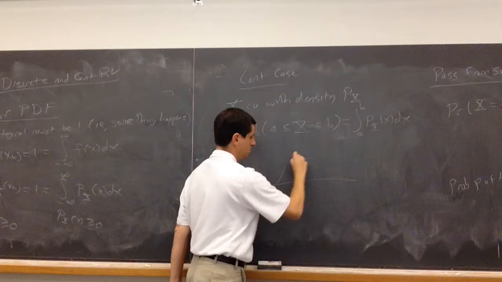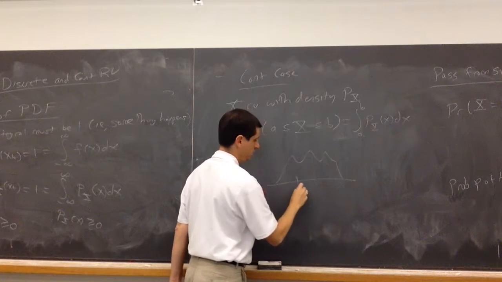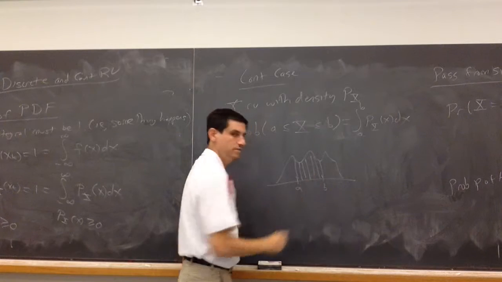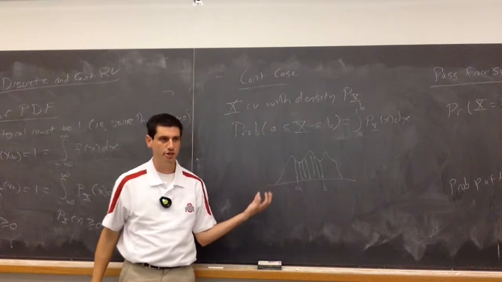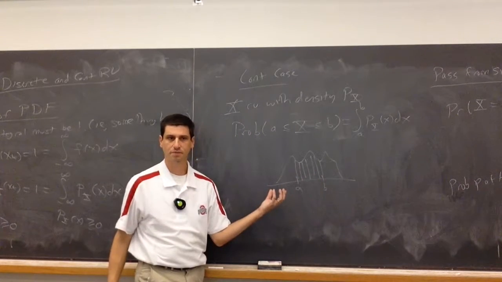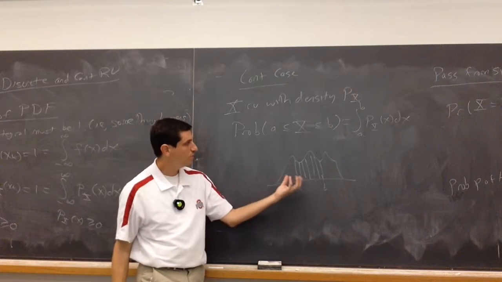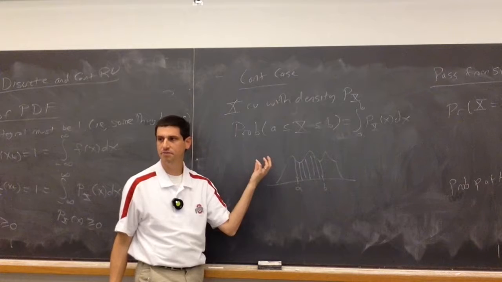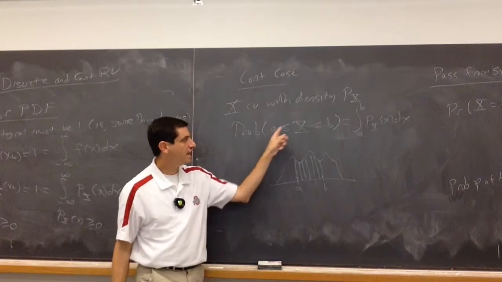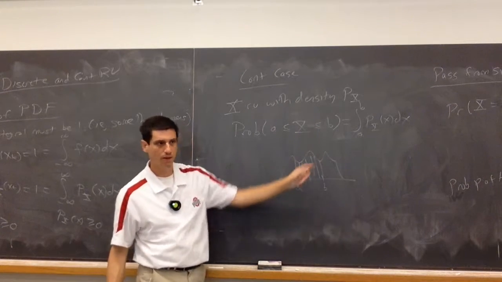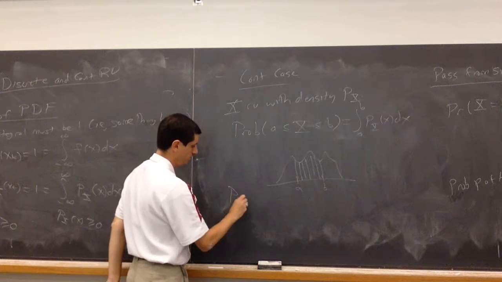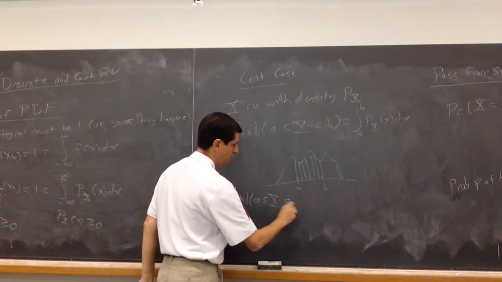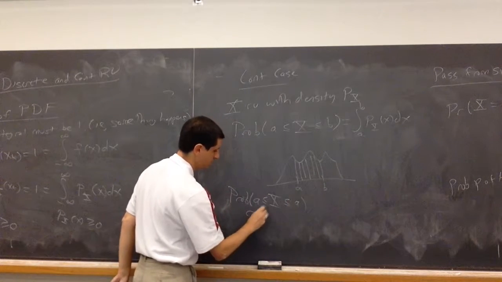And if you want to plot it, here's a, here's b, and we just take the area under the curve from a to b. So that would give us the probability that our random variable takes on a value between a and b. And if you take a and b to be equal, what's the probability? A less than or equal to x, less than or equal to a. This is the continuous case.